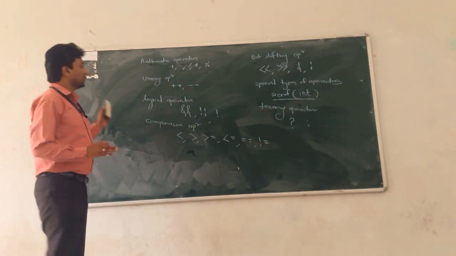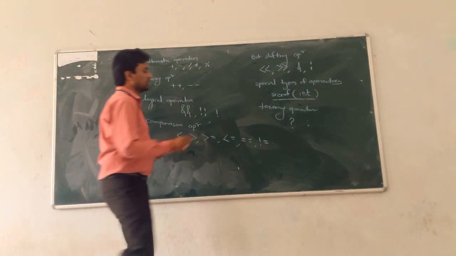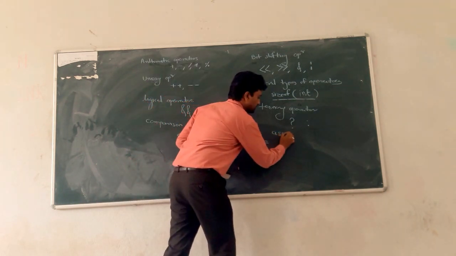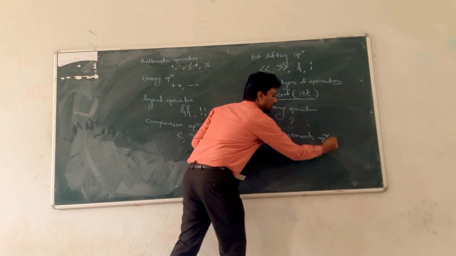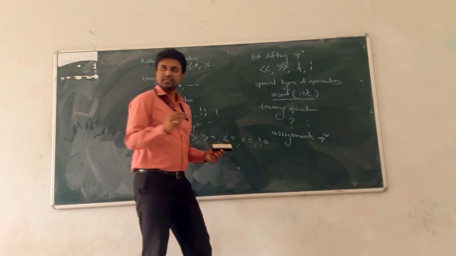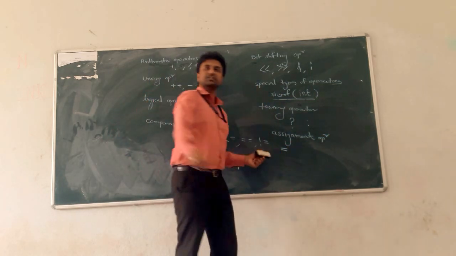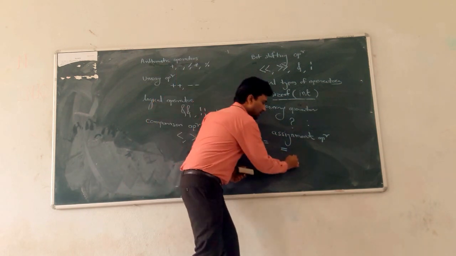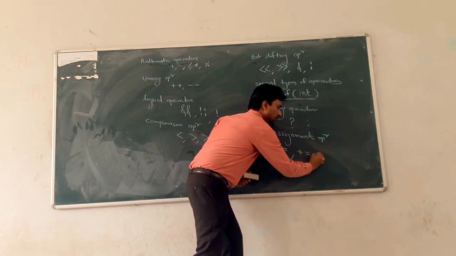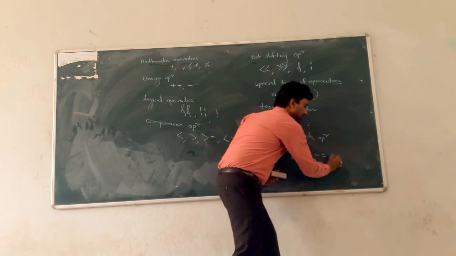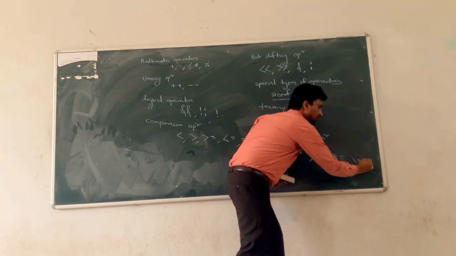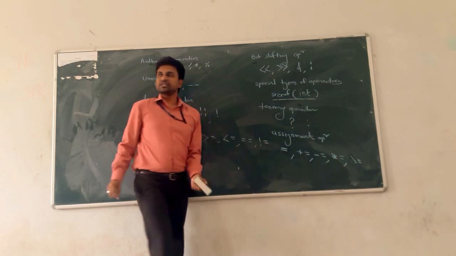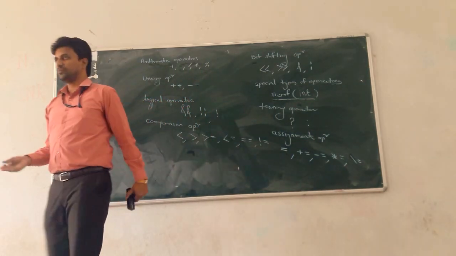So these are the basics, and one more, that is the assignment operator. Which are the assignment operators? Equal to, plus equal, minus equal, multiplication equal, division equal, all these are nothing but assignment operators.